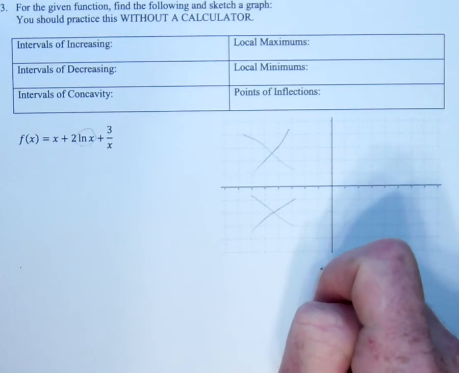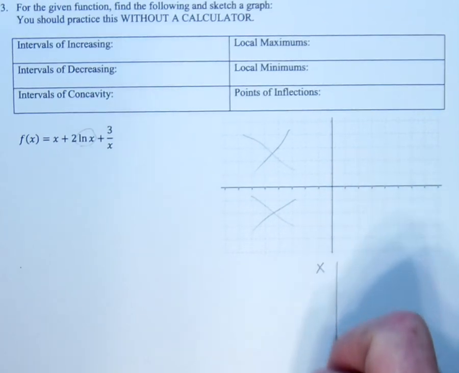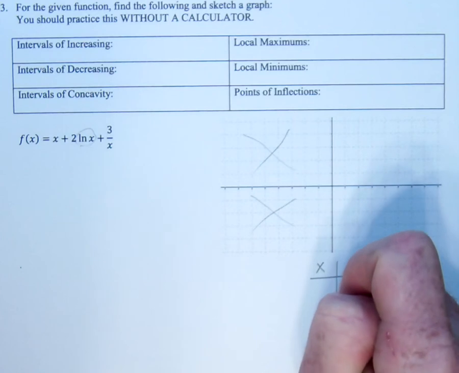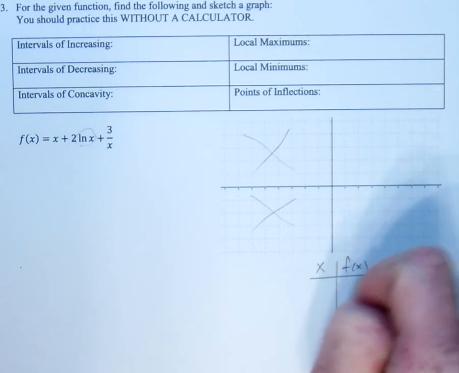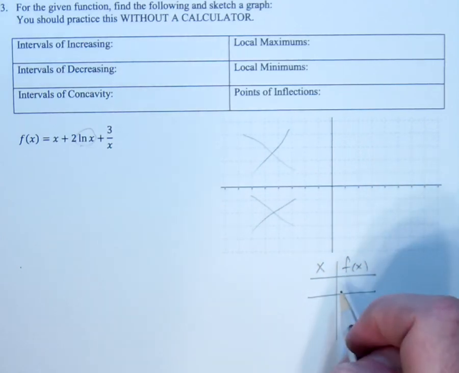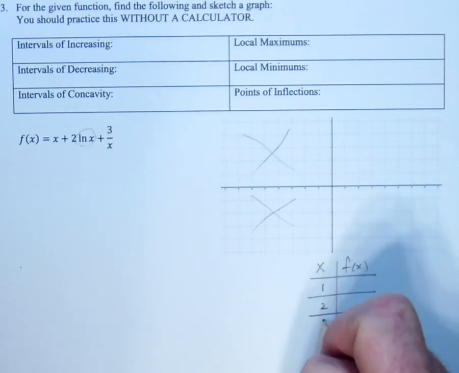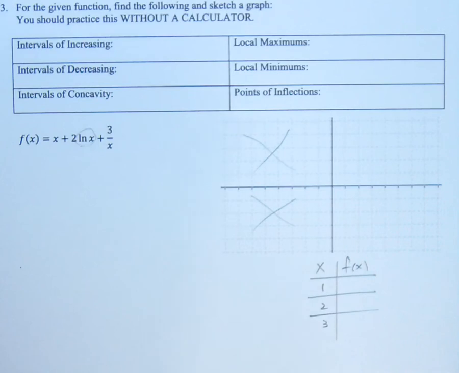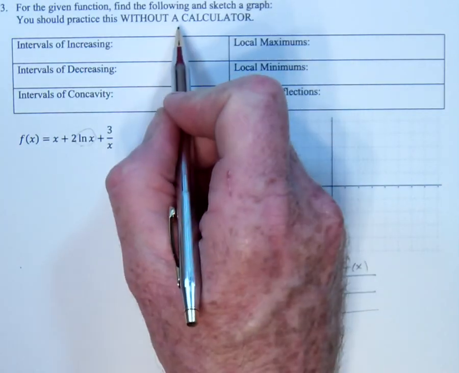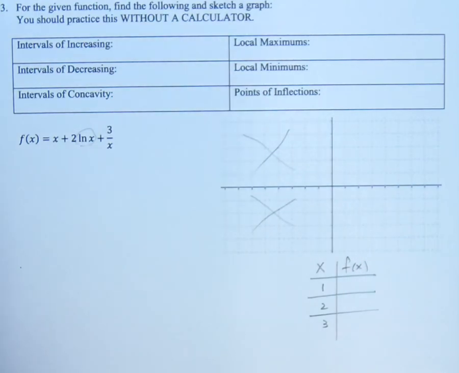So if I'm going to do this without a calculator, I'm going to make a little table of values. Then 0 would be undefined, so I might as well go like 1, 2, 3. And if I substitute in a 1, now it says without a calculator at all.